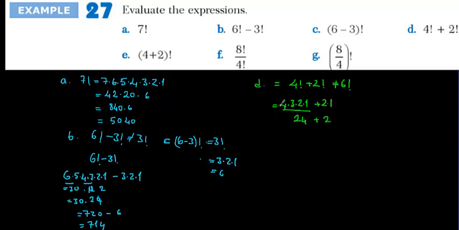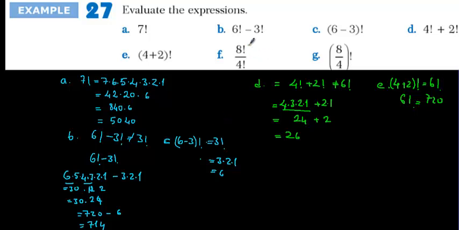So the answer is equal to 26. If we say (4 plus 2) factorial, then it will be equal to 6 factorial, and 6 factorial we found on this page is equal to 720. As you see, 720 and 26 are extremely different results.